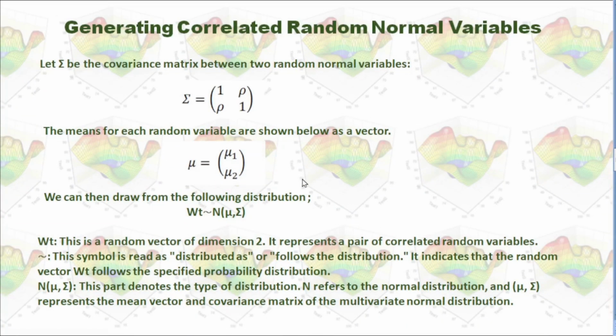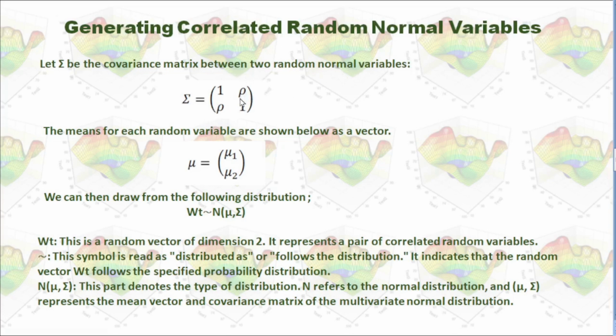When we try to simulate Heston model, the first question we will have is how can we generate correlated random normal variables? Let sigma be the covariance matrix between 2 random normal variables.